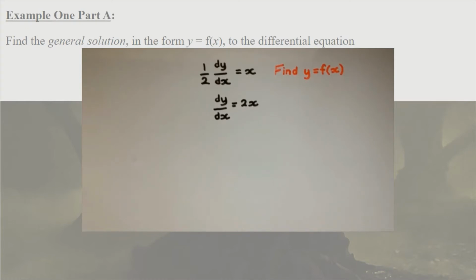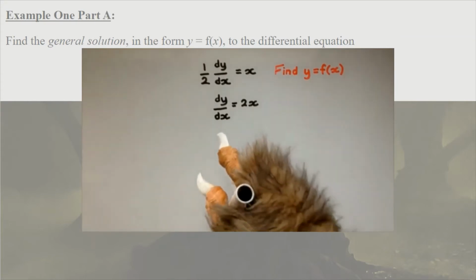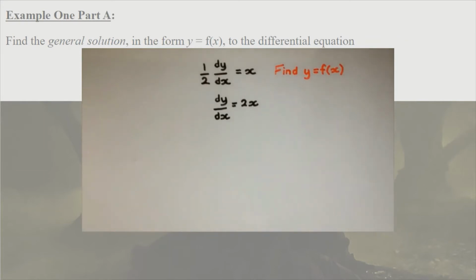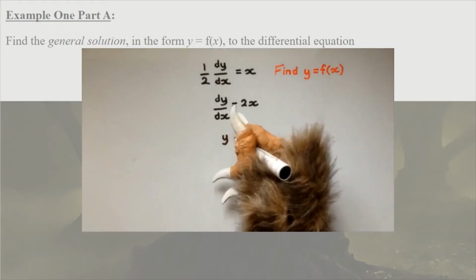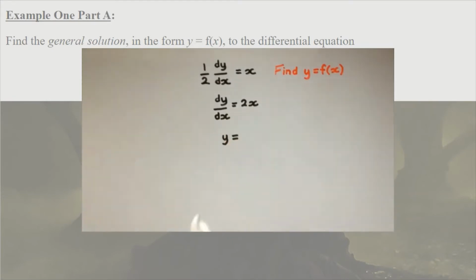Well, we know a little bit about integration, don't we? Clearly, if I have the gradient function, I'm going to have to do some integration. So I could just say, okay, if I integrate both sides, therefore I've got my y. Let's do that. The integral with respect to x, of course, of dy/dx is just y. And if I integrate 2x, well, that's a standard year 1 integration question.